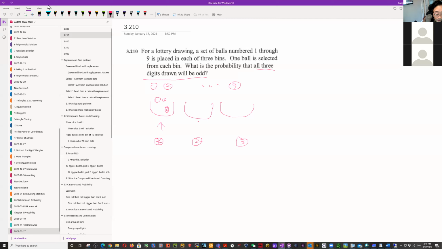Each draw has the numbers 1 through 9, so you have 5 odd out of 9 total. So for each draw it's 5 ninths. And if you do it all 3 times, all 3 digits will be odd, so that's the cube. So this will be the answer.